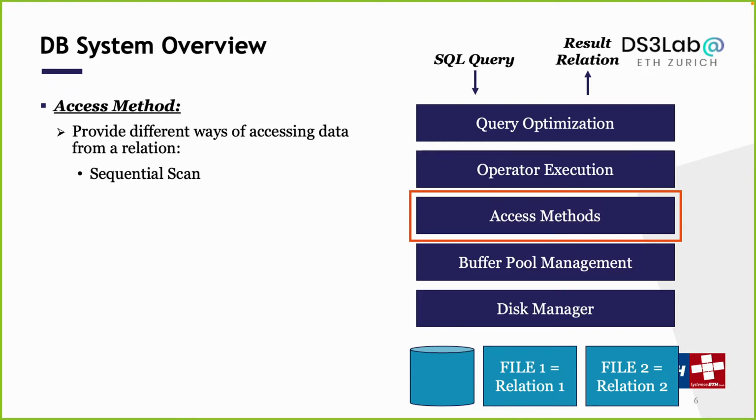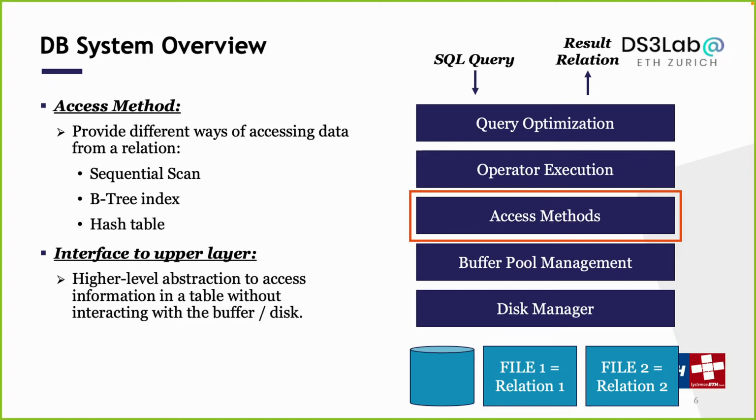You can do a sequential scan, just scan this relation. You can do a B+tree index, an index lookup. You can do a hash table, and so on and so forth. So the interface you have to the upper layer is all those higher-level abstractions to access information in a table without interacting with the buffer, without interacting with the disk manager.